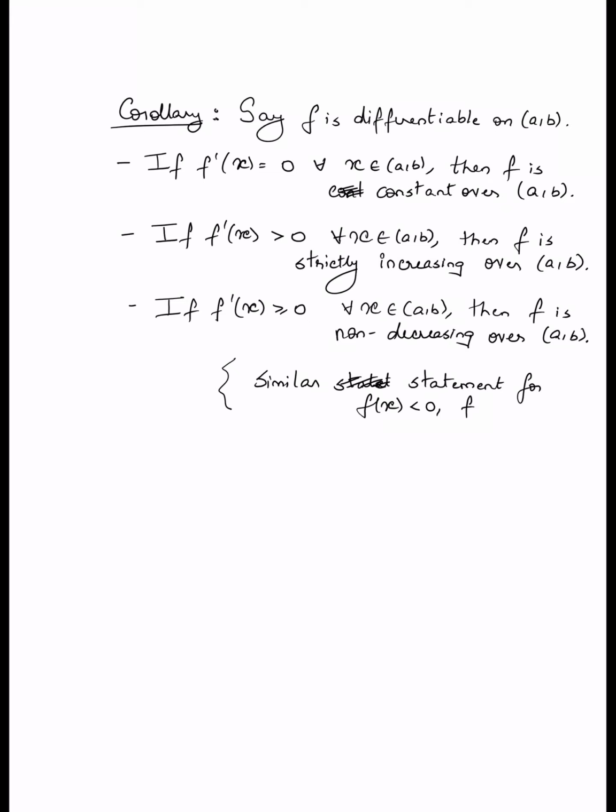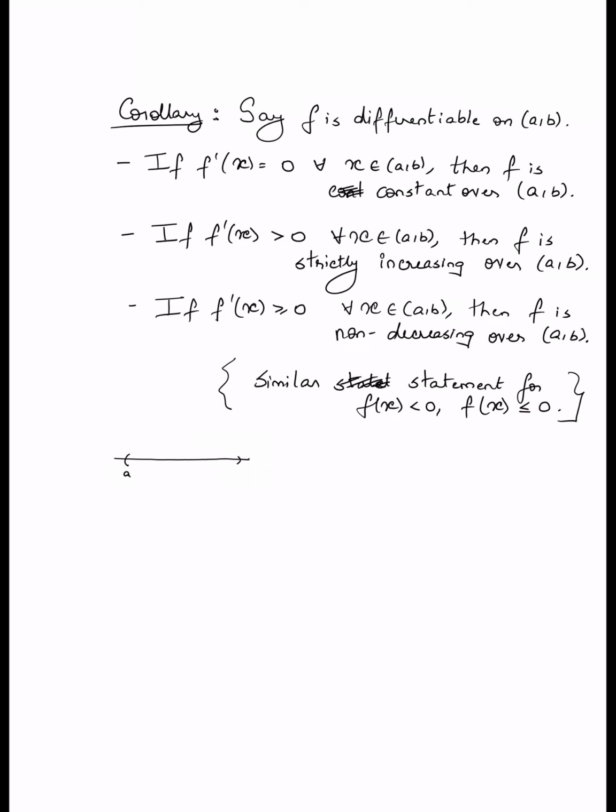Right? If it is negative, then you can argue that the function is going to be strictly decreasing. If it is less than or equal to 0, so non-positive, then you can argue that the function would be non-increasing. Okay, so I hope it's clear why these results all follow quite straightforwardly from the mean value theorem.